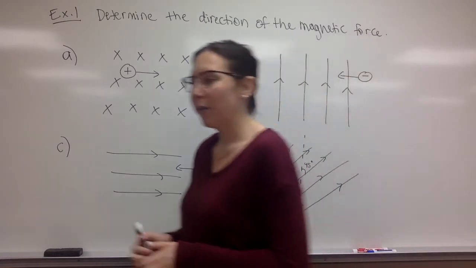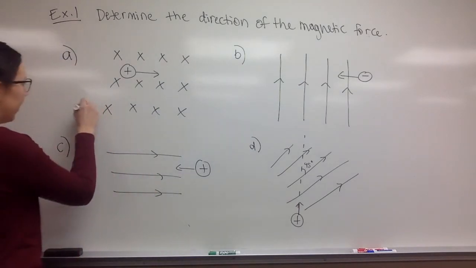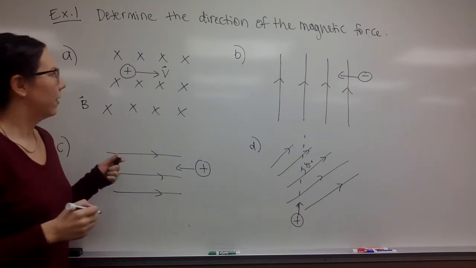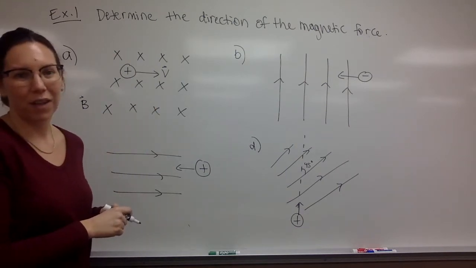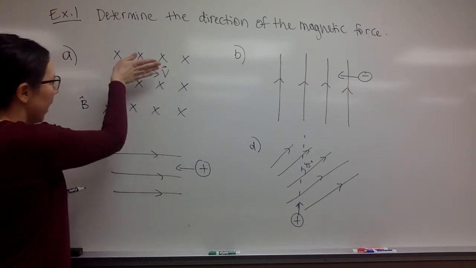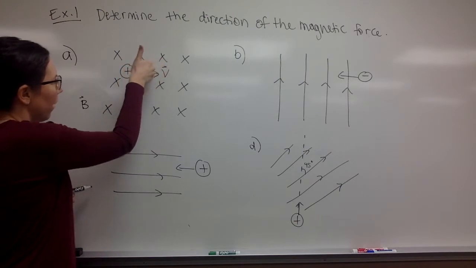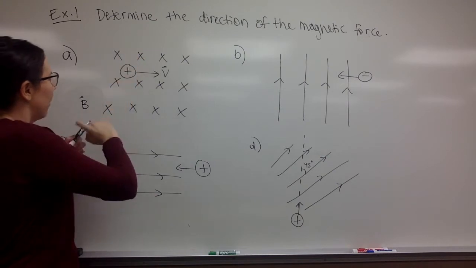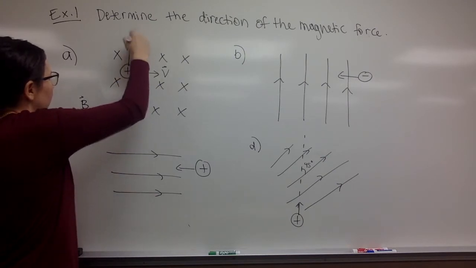Our magnetic field here is into the page, and the velocity of the charge is directed to the right for this positive charge. So I'm going to place my hand in the direction of the charge, curl my fingers into the page toward the magnetic field, and I get the direction of upwards for the magnetic force.